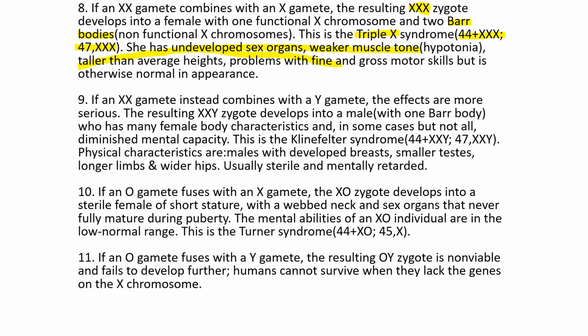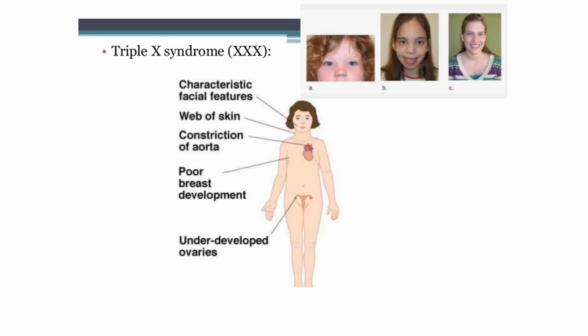This is triple X. This is how they look. They appear to be normal. Poor breast development. Now, in normal females, some of you have breasts that are not as big as your peers.